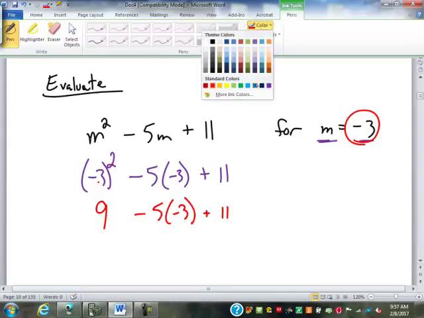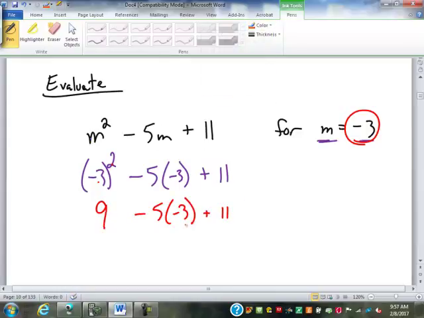Now here again, you could do negative 5 times negative 3, or you could do 5 times negative 3 and then be subtracting it. I'm going to change it to this as plus a negative 5. So that now that is negative 5 times negative 3, which is positive 15.